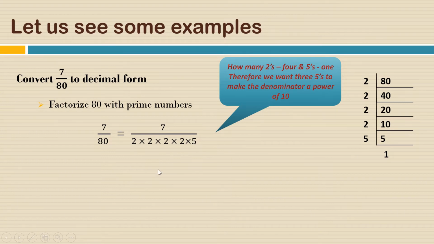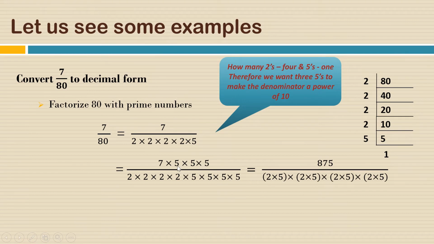In order not to change the value of the fraction, multiply the numerator and the denominator by 5 into 5 into 5. We get 875 by 10,000. Here the numerator has 3 digits, the denominator has 4 zeros.